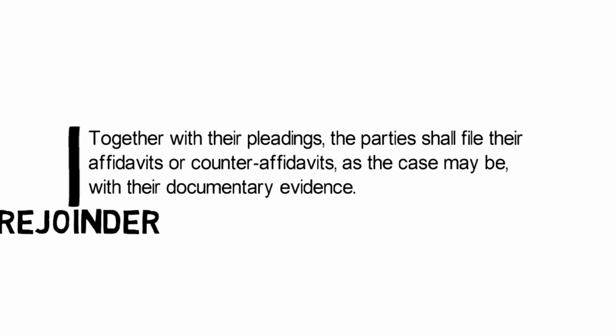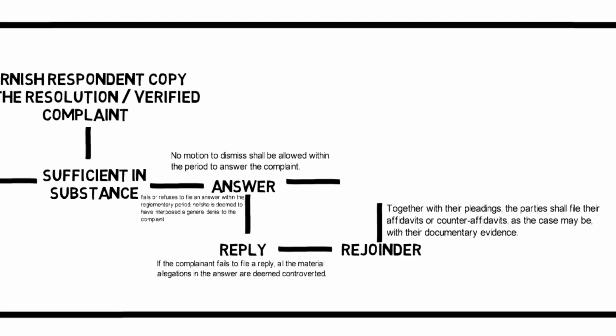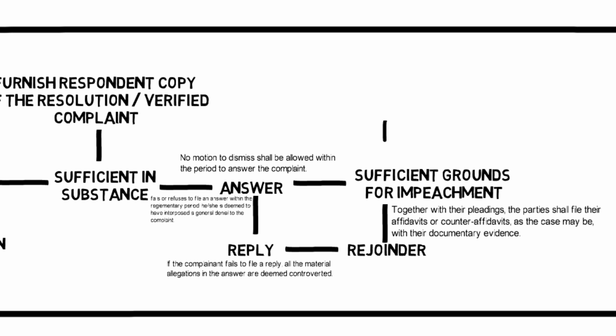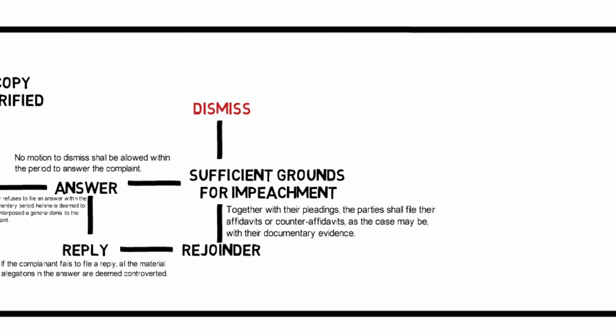After receipt of the pleadings and affidavits and counter-affidavits and relevant documents, or the expiration of the time within which they may be filed, the committee shall determine whether the complaint alleges sufficient ground for impeachment. If it finds that sufficient grounds for impeachment do not exist, the committee shall dismiss the complaint and submit the report required.